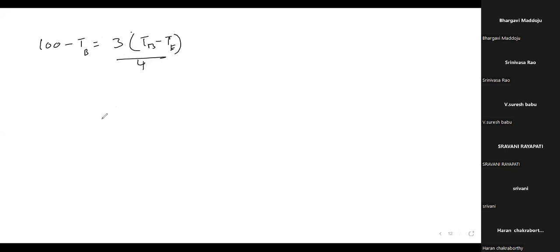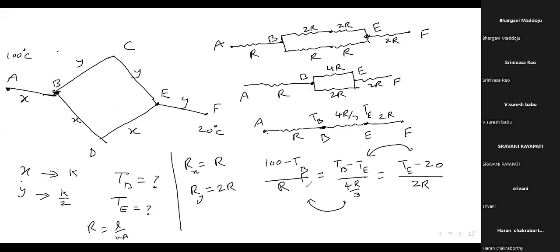First equation. Second equation is the... Instead of these two, you can equate these two also, you can equate easily. The fraction is there. Otherwise, you can equate these two also.